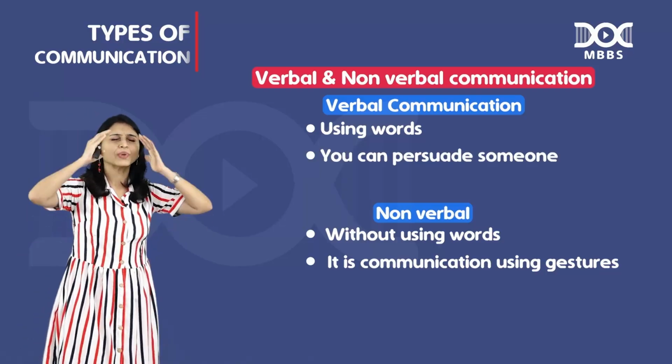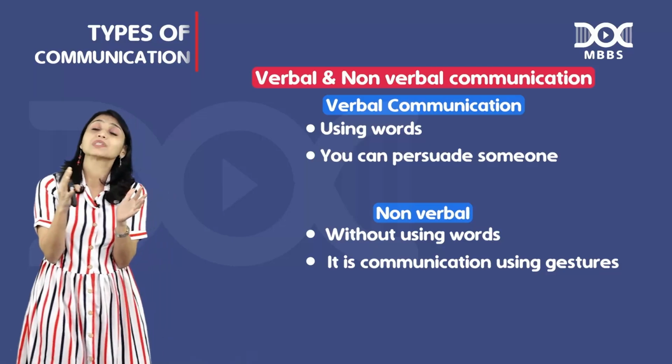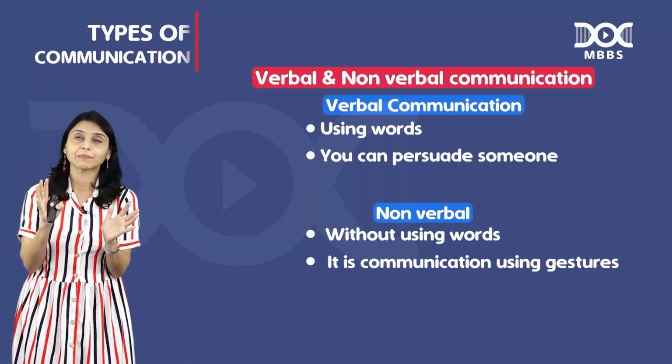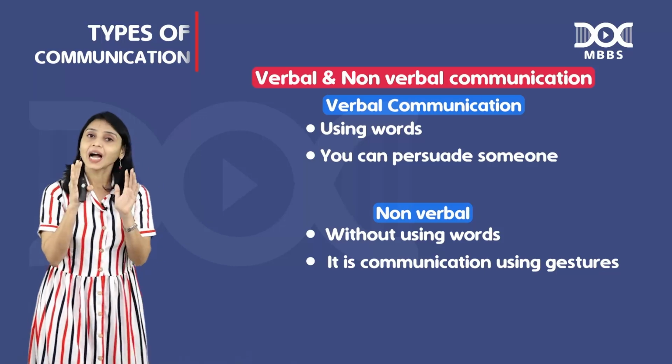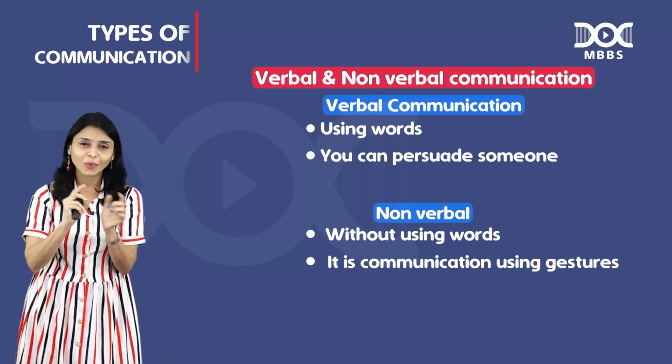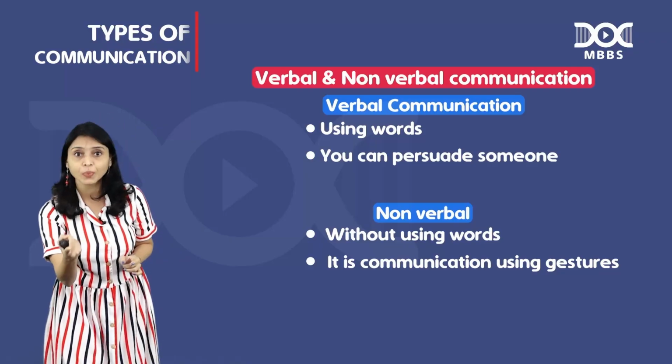That means you can tell them repeatedly, and finally you can persuade that person to accept it. Finally, he'll say, okay, stop giving me a headache, close your mouth, I will listen to what you are saying. So verbal is best if you want to persuade someone.